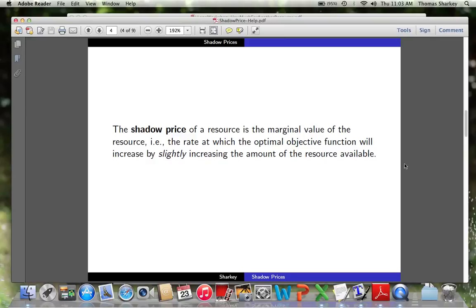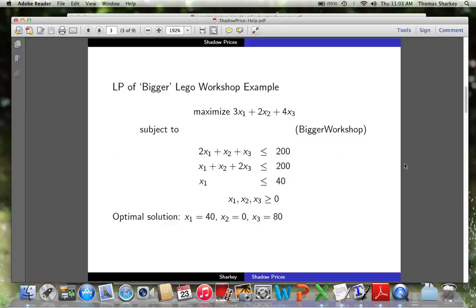So that's why we're only going to focus on slightly increasing. I already mentioned the optimal basic feasible solution, which means I'm going into the realm of the simplex method and finding the optimal solution via the simplex method. And if we go back to our original LP formulation of the workshop example, it's not in augmented form.